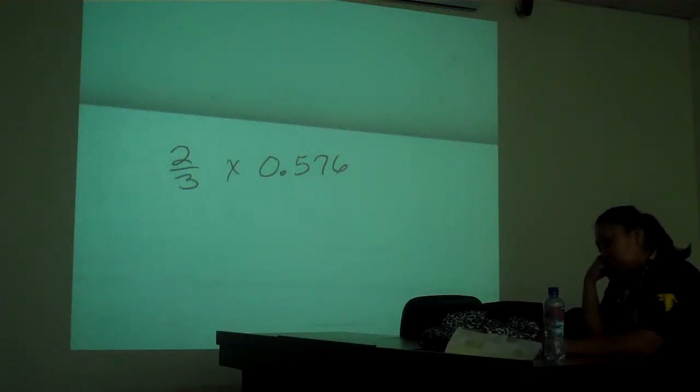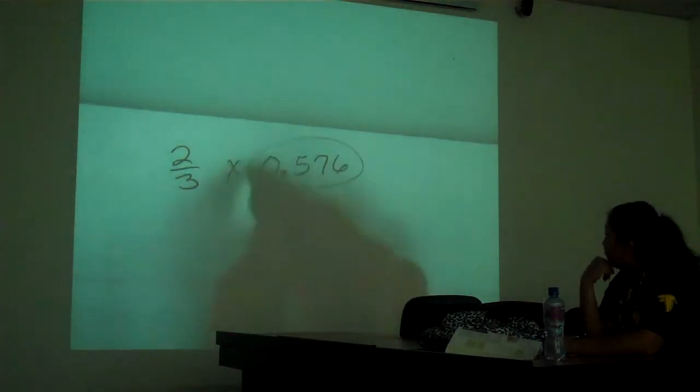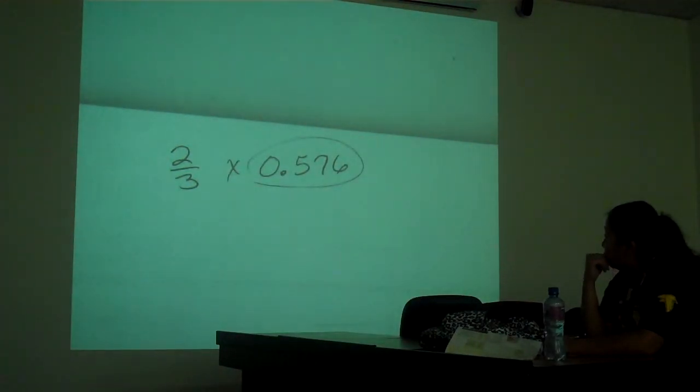If you do 2/3 as a decimal, it repeats. It's the same number repeating, so it's going to be hard to get an exact answer that way. So your best bet would be to turn this number into a fraction.